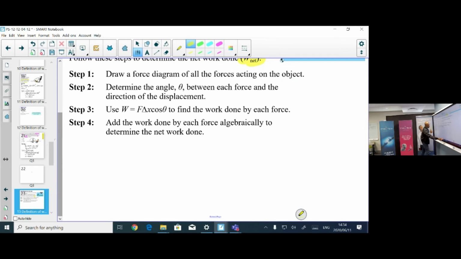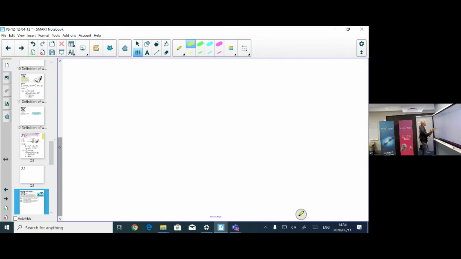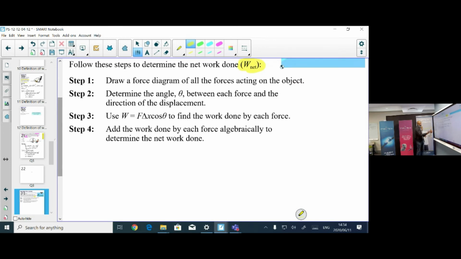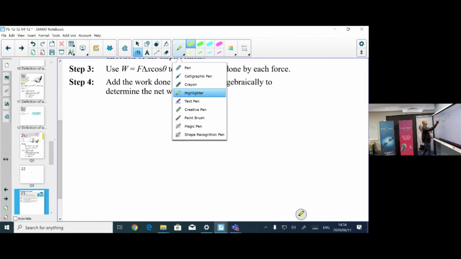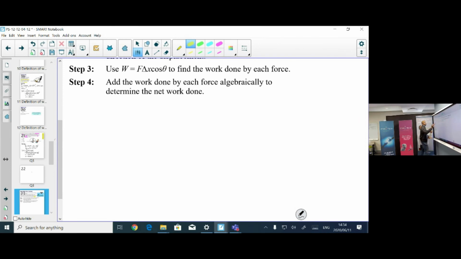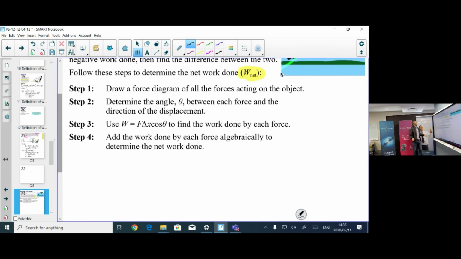Let me extend this page so that I can explain all the forces. Suppose I have a box at rest. It's not moving at all.